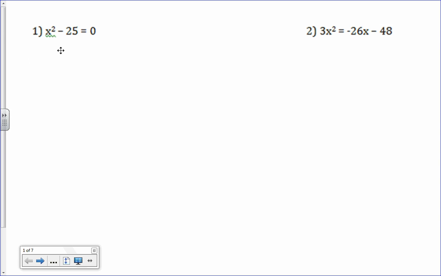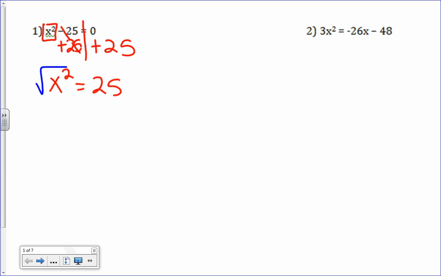When we first started talking about quadratics, we talked about solving by taking the square root. So we wanted to isolate the x squared. In order to do that, you would add 25 to both sides of the equal sign, which gives you x squared equals 25. To get rid of the exponent 2, you take the square root of each side of the equal sign.